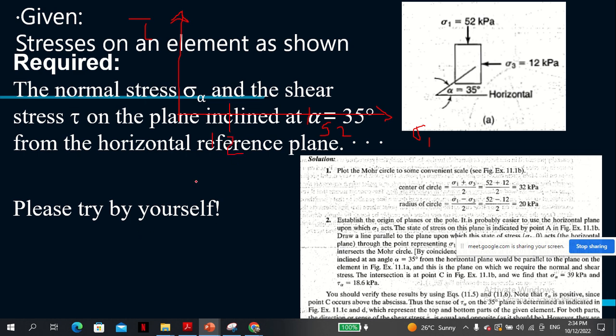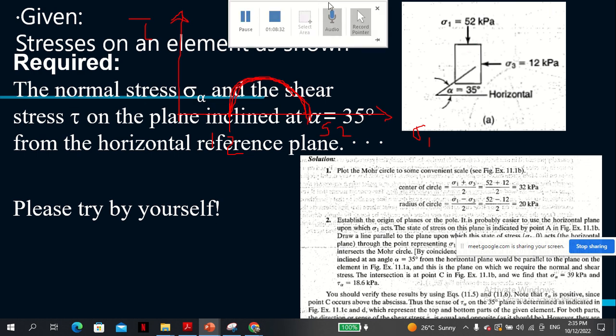And you draw your Mohr circle. It's okay to draw a half circle, because the circle is symmetrical, or a full circle is okay. And then the pole is the point of non-stress.